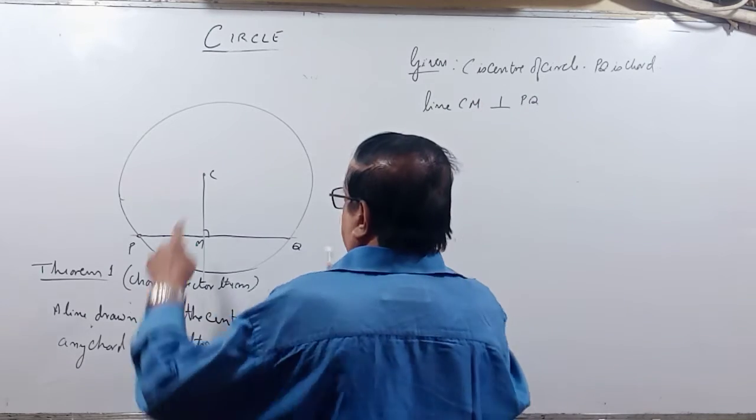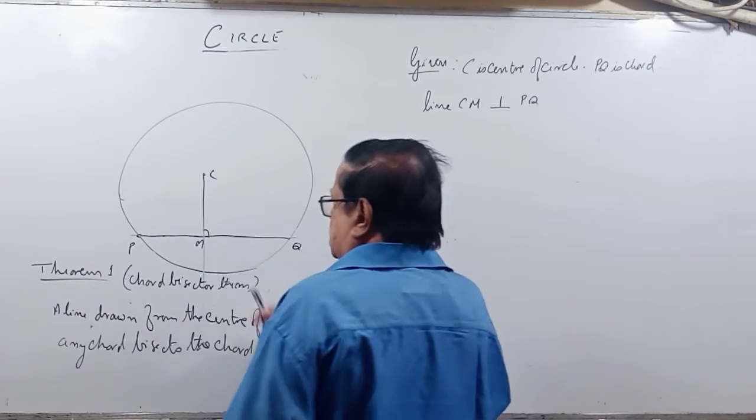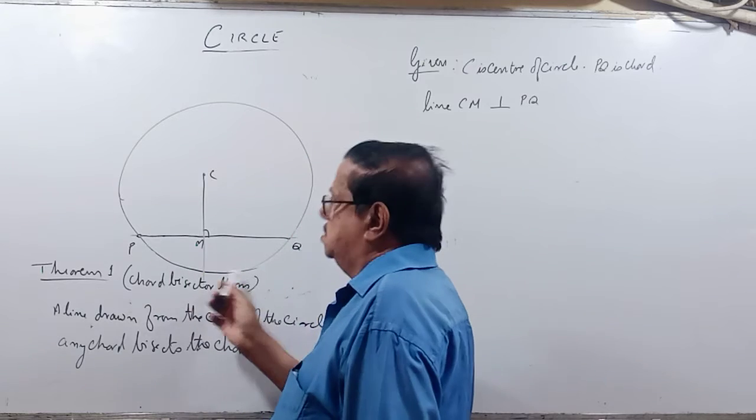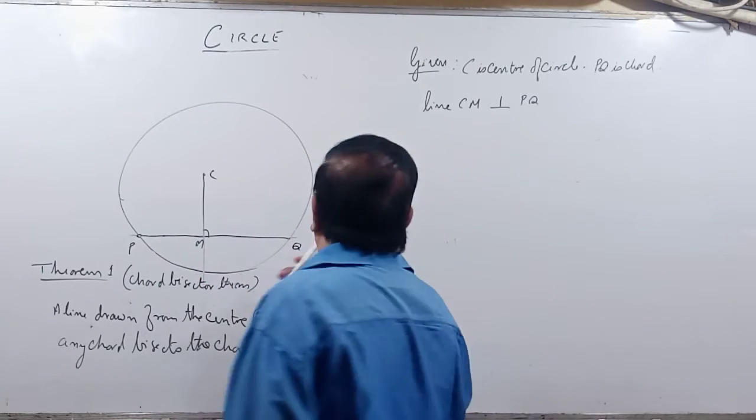These are all given. C is the center of the circle, PQ is the chord, CM is perpendicular to PQ.